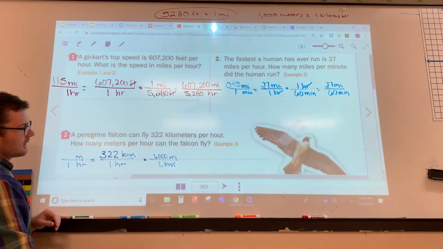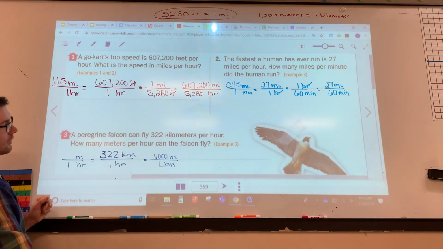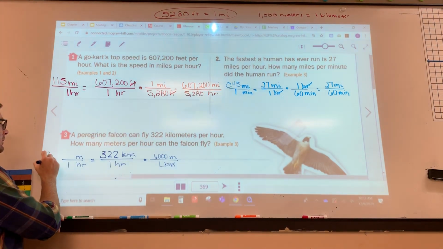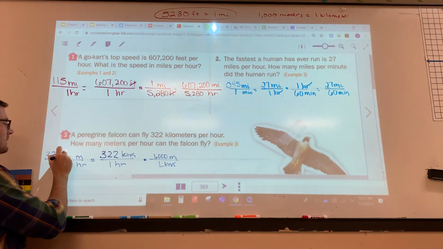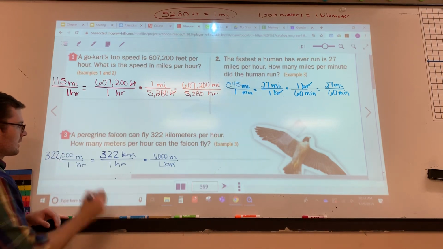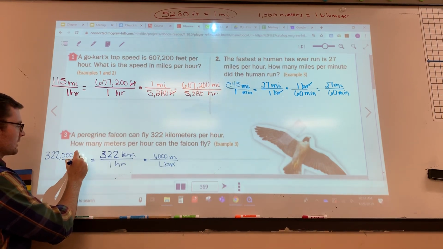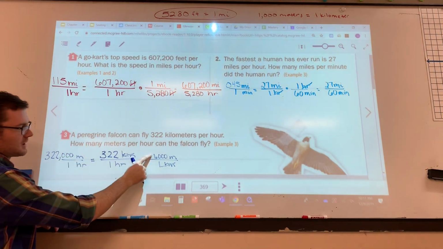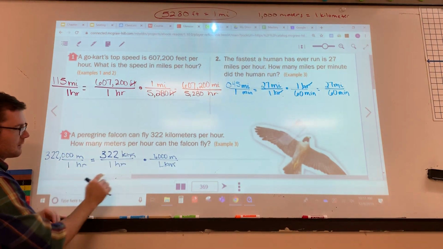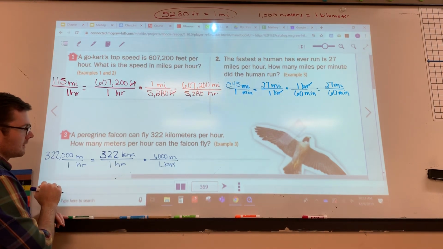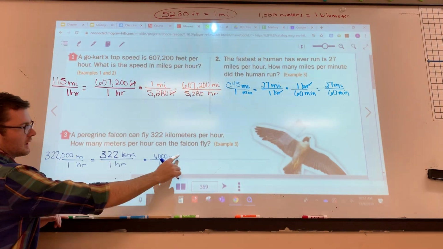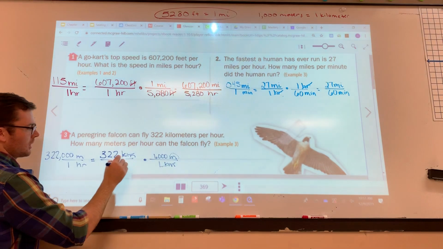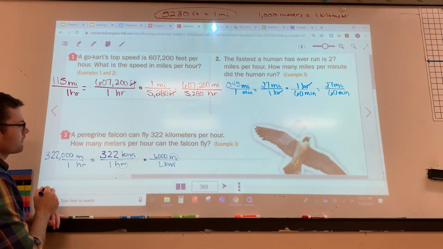And now I just have 322,000 meters per hour. And that's exactly what we needed, because 322 times 1,000 is 322,000, and 1 times 1 is 1. The kilometers canceled out, so all I have left is meters per hour, which is what we wanted.